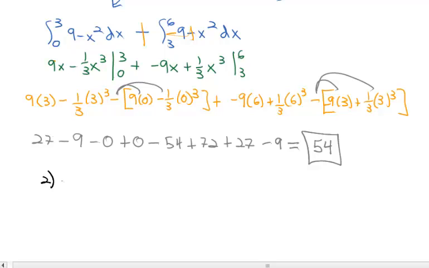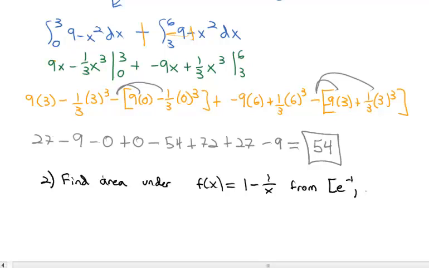So number 2, when we're asked to find the area under f of x equals 1 minus 1 over x from e to the negative 1 to e to the positive 1.